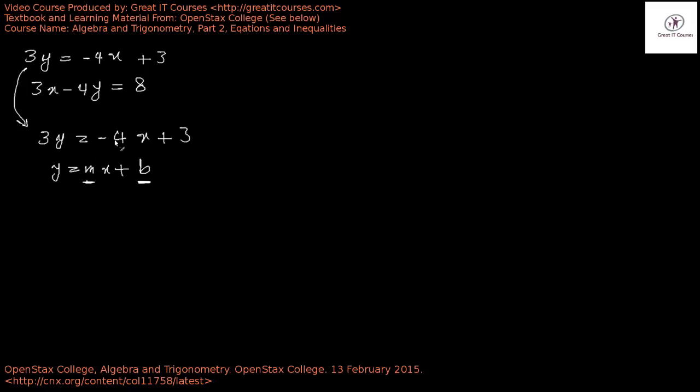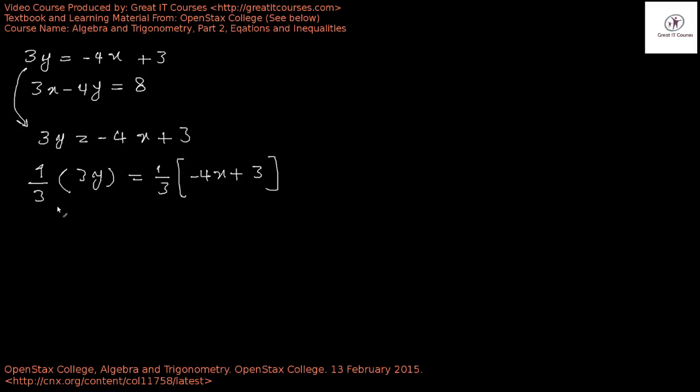I want to basically, this is 3y is equal to minus 4x plus 3. So what I can do here is divide everything by 3, or multiply both sides of this equation by 1/3. So 1/3 into 3y is equal to 1/3 into minus 4x plus 3.